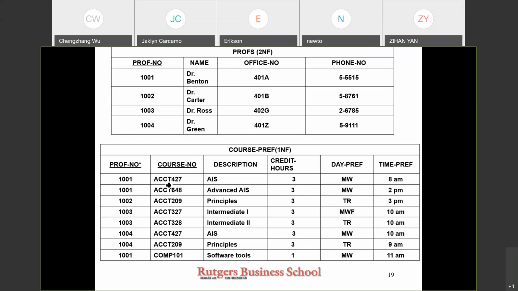As will be discussed later, professor table is also in second normal form. Well, the primary key in each table is underlined.